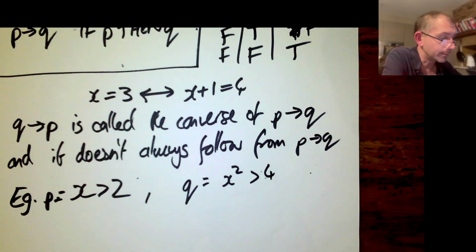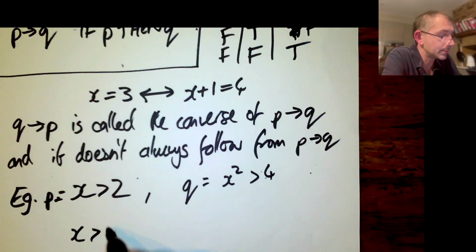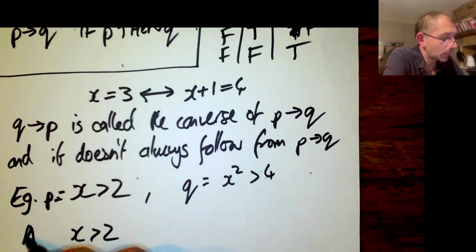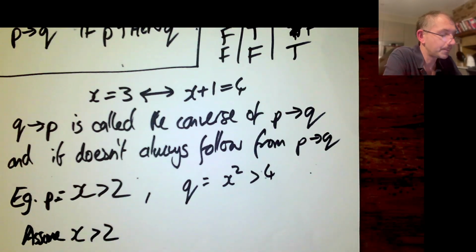And it is true that if P is true, if x is bigger than 2, then x squared is bigger than 4. And let's just see why. So we're going to assume x is bigger than 2, that's our starting point. And then, so let's assume this.